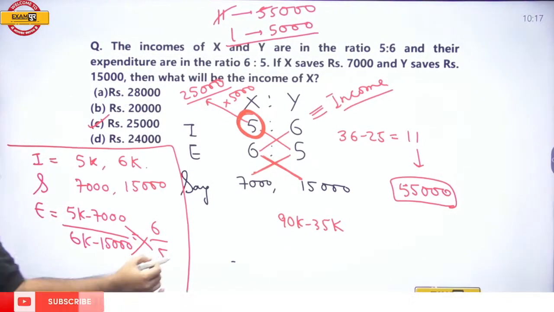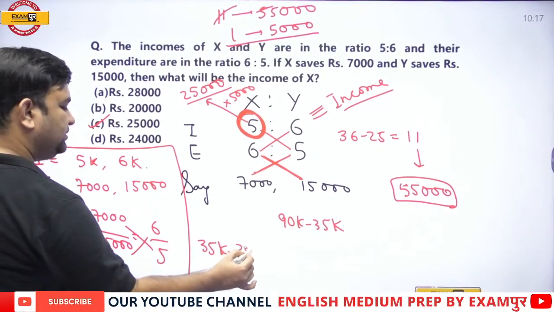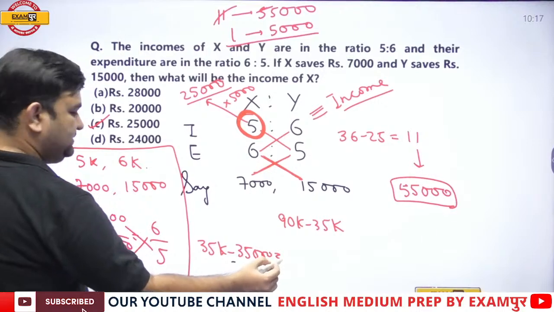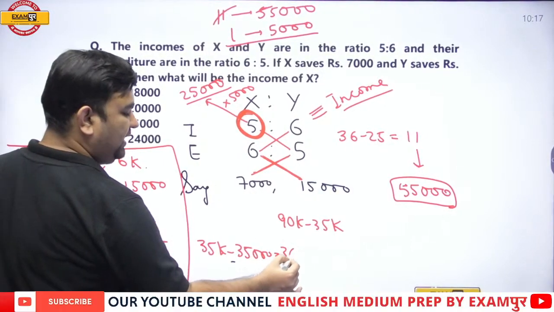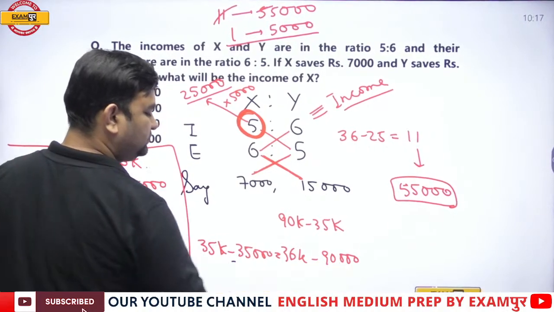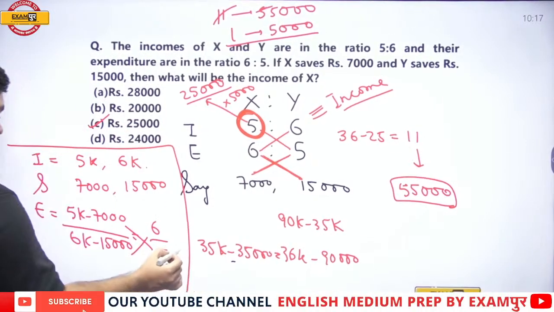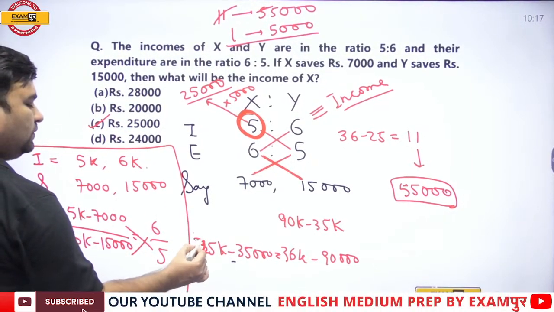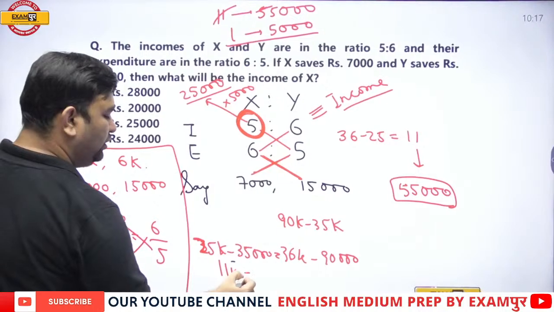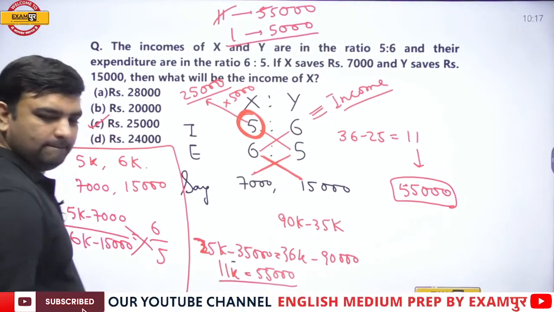Multiply. 35K minus 35,000 is equal to 36K minus 90,000. So you will get to know 11K is equal to 55,000.